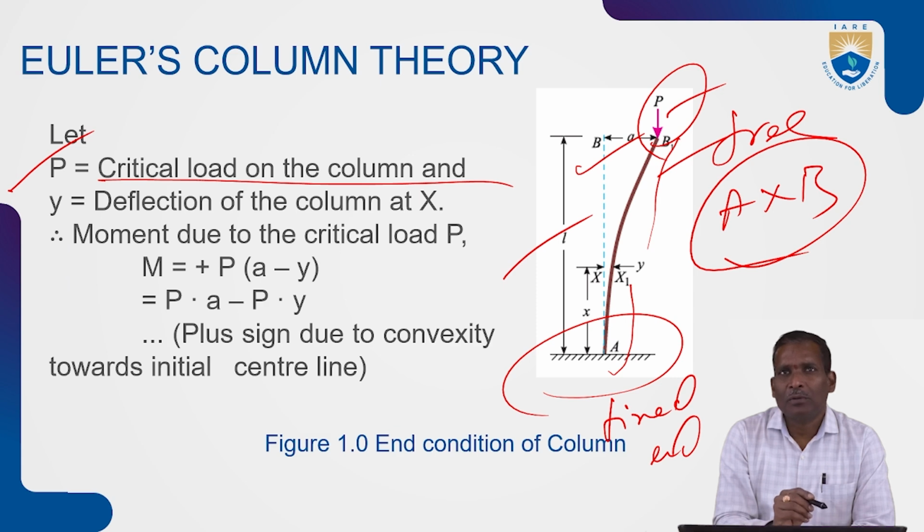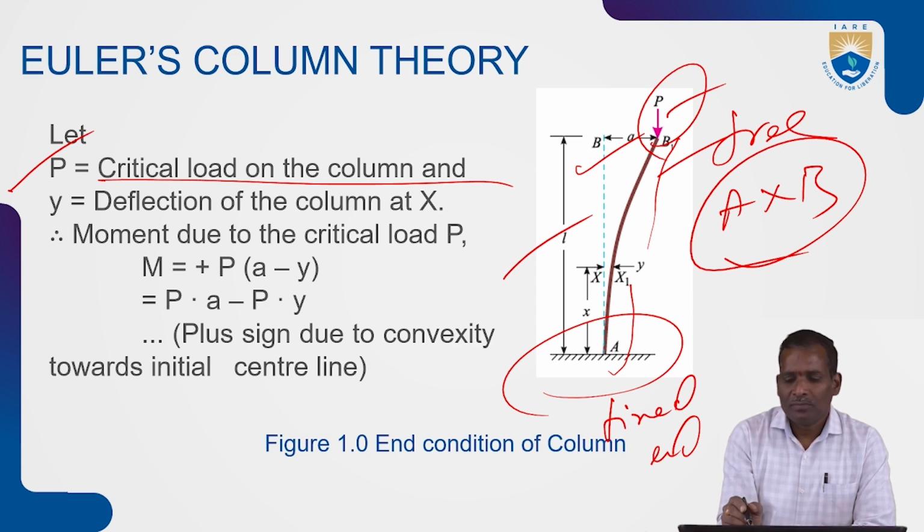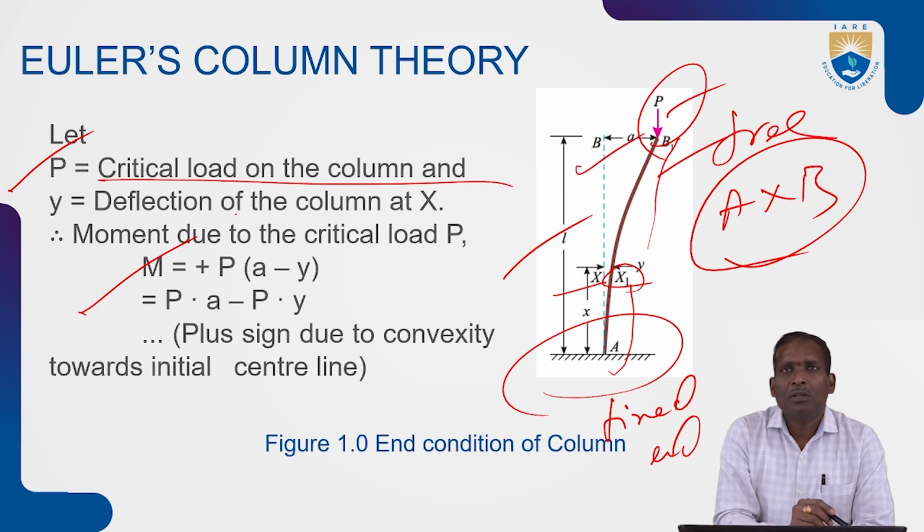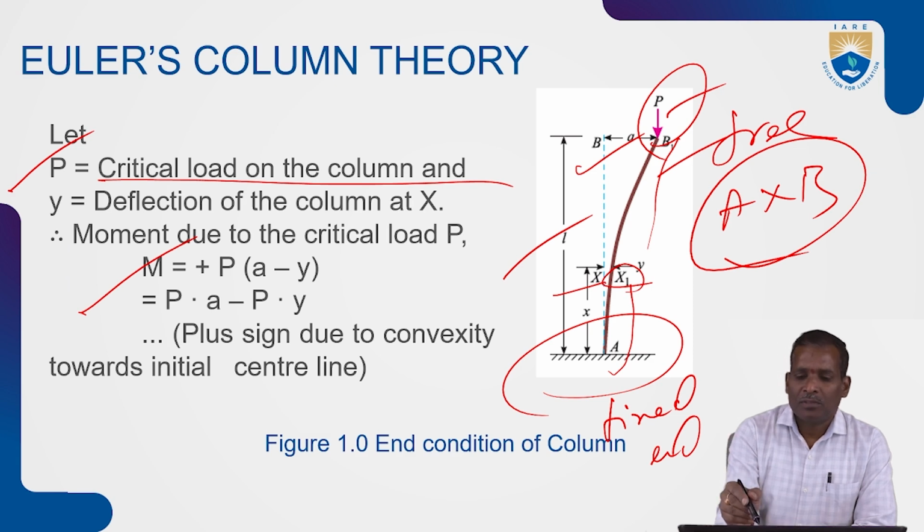So what is the moment due to the critical load? What is the deflection at the cross section X1? The moment due to the critical load is equal to positive P into (a minus y). The total distance is a and the deflection is y.